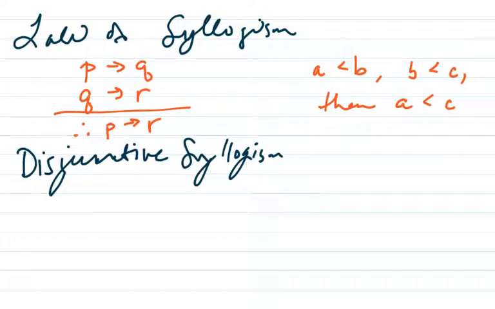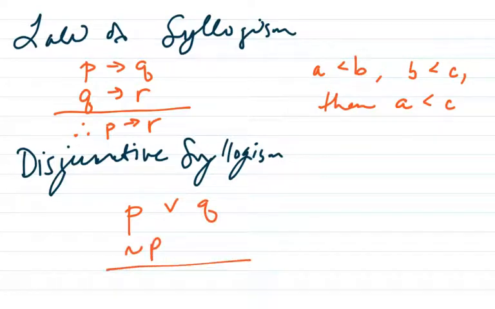Okay, then disjunctive syllogism is if I have the premise P or Q, and then I have the premise not P, and then we can conclude Q. And the reason why this one works, if you think about it, is we're essentially told that P or Q is true.